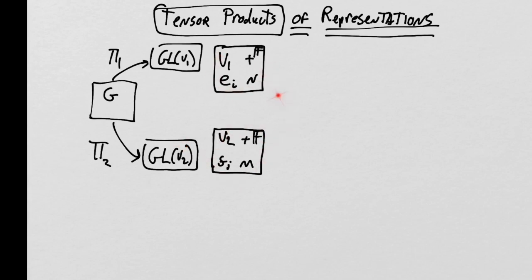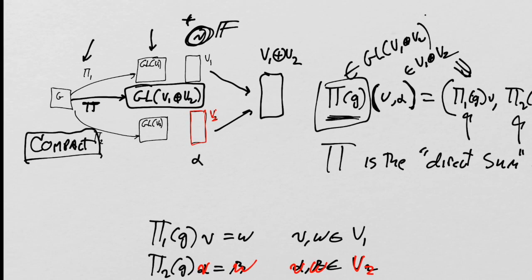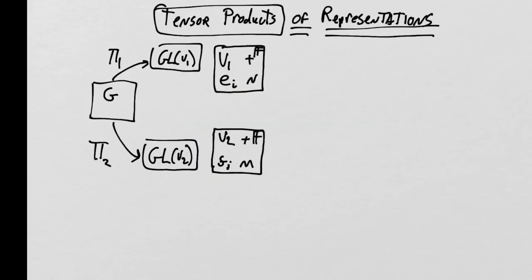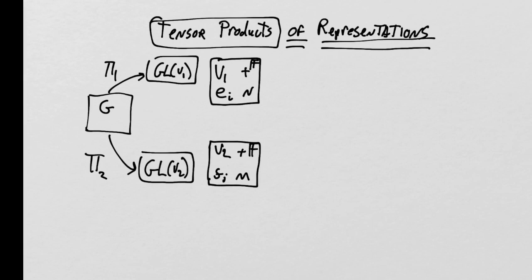Now, as before, I'm going to take these two vector spaces and create another vector space. But where before we created the so-called direct sum vector space, in this case, we're going to create the tensor product vector space. The tensor product vector space is written as V1 tensor product V2.